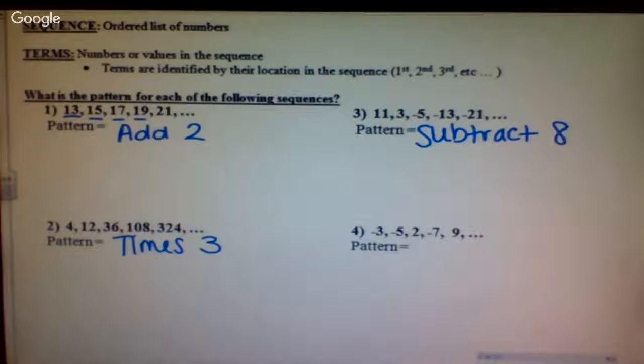So you can explain yourself. Although it is right. It is right. That's going to be too complicated of a pattern.